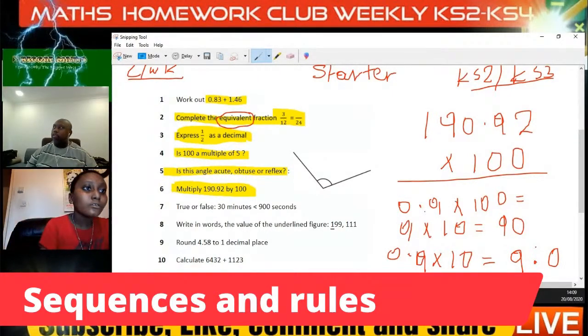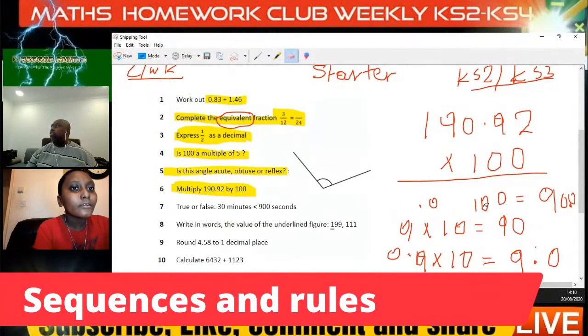How many decimal places? 1. So the answer is 90.0, but we can just say 90.